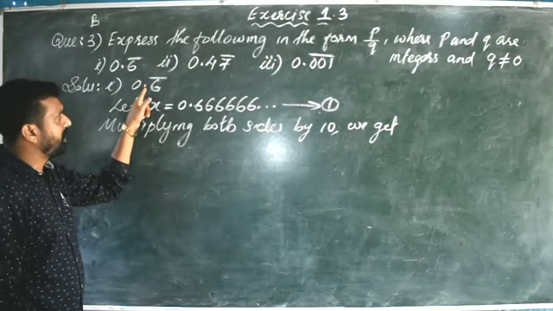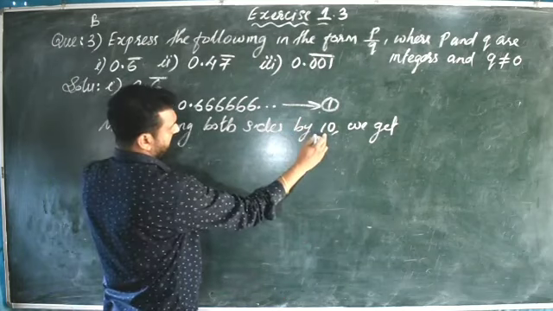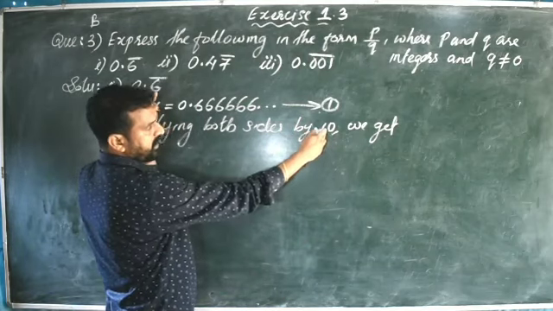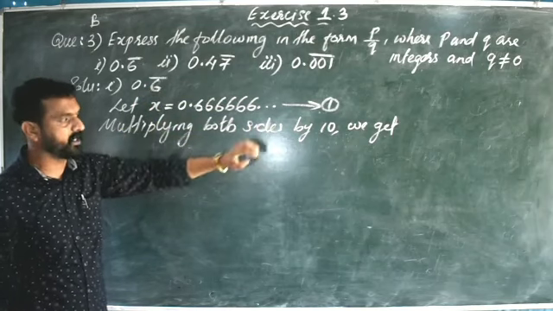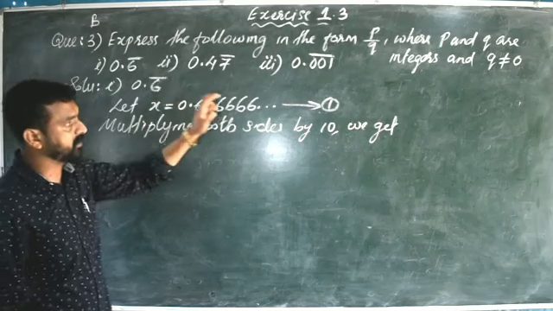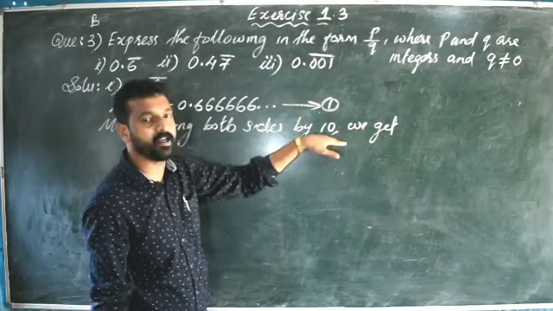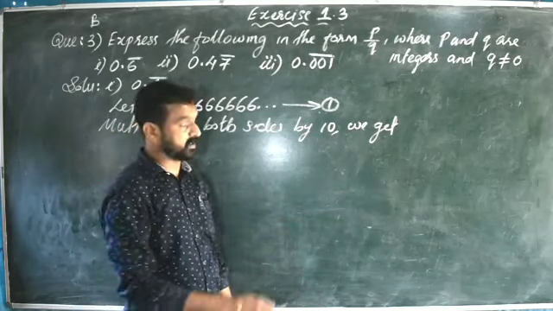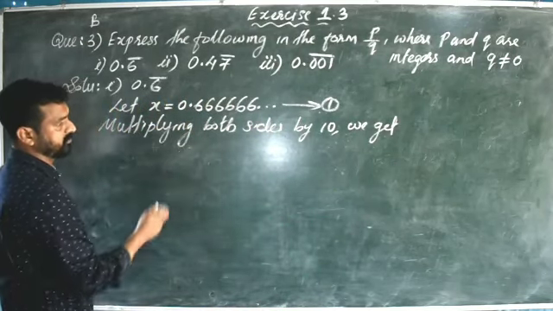Because here one digit is repeating after the decimal point, that is why I am multiplying both sides by 10. If two digits are repeating, then you have to multiply by 100. If three digits are repeating, you have to multiply by 1000. That is the rule. Here only one digit is repeating, that is why we multiply both sides by 10.